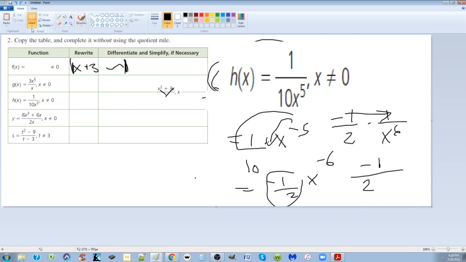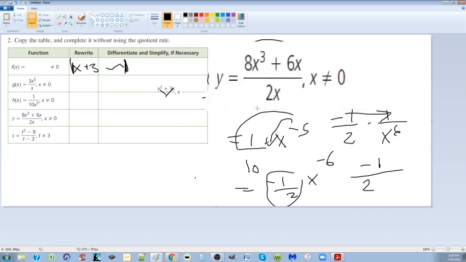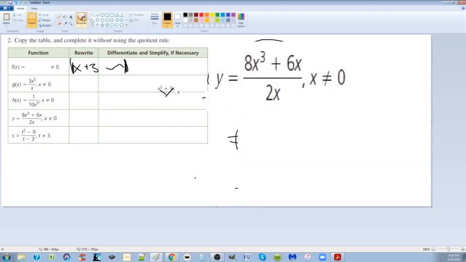Pretty different looking, isn't it? But it's a lot faster than using the quotient rule. What about this one? Well, look carefully. 2x can go into both of those things up above. So can the 2. Remember that if I'm going to resolve this up above, it has to go into both of them. 2 can go into the 8 and the 6. So I get rid of the 2.